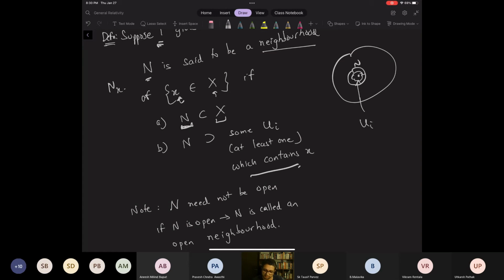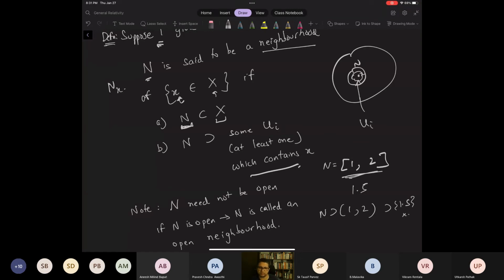For example, on real numbers, (1, 2) is a neighborhood of 1.5. You can define it because N contains the open set (1, 2), and (1, 2) contains the point 1.5, which is x. So this can be a neighborhood.